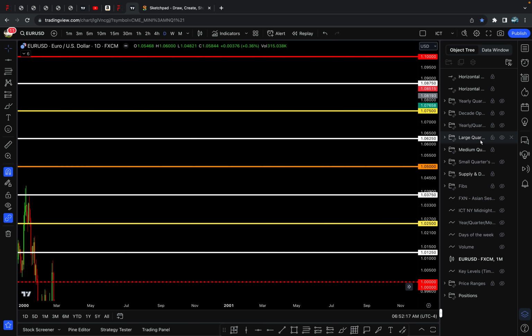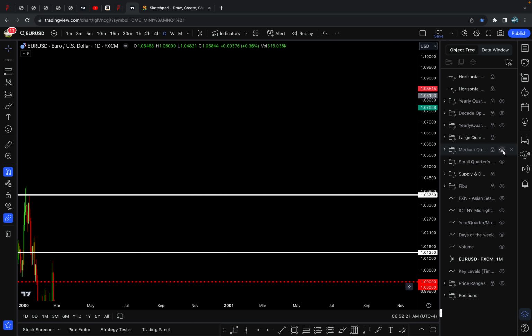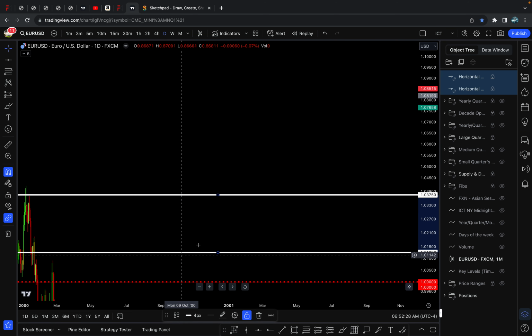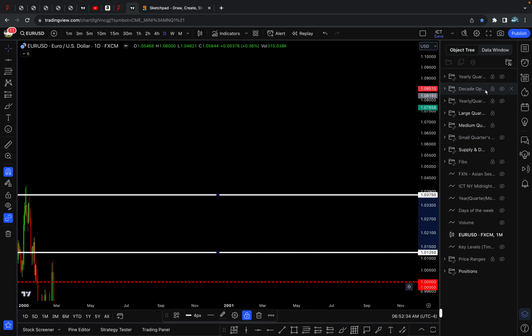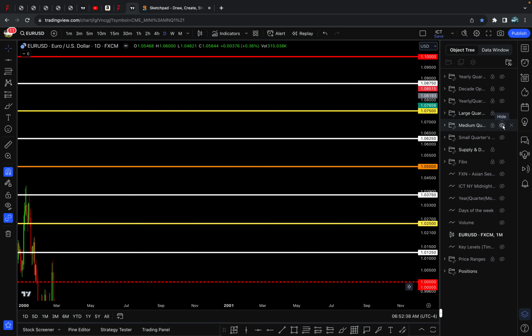And the way that you do that is to create these here. So you see that? I just got to add these to the medium right there, and there you go.